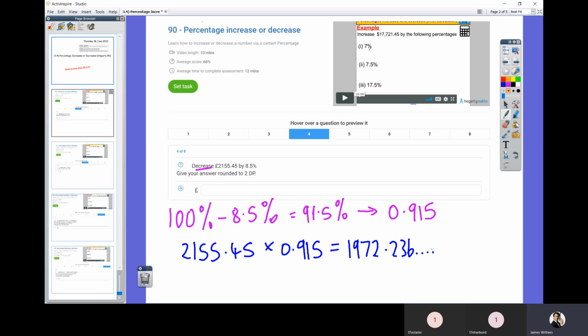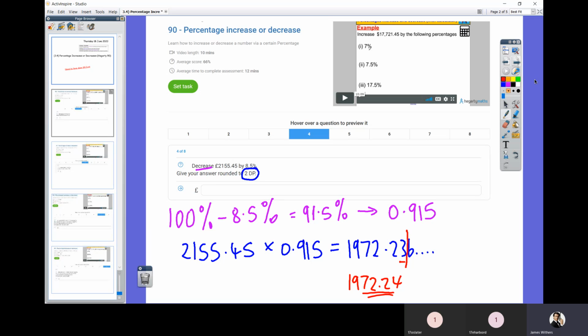Now, be careful. You've got to give your answer rounded to 2 decimal places. So we're going to be cutting it off there, 2 decimal places. But because that 6 is 5 or above, it's going to round that 4 up. So our final answer has to be 1972.24. So be very careful with your rounding. As you know, with Hegarty, you've got to get the question completely right to get the mark. So be very careful when it's asking you to round.